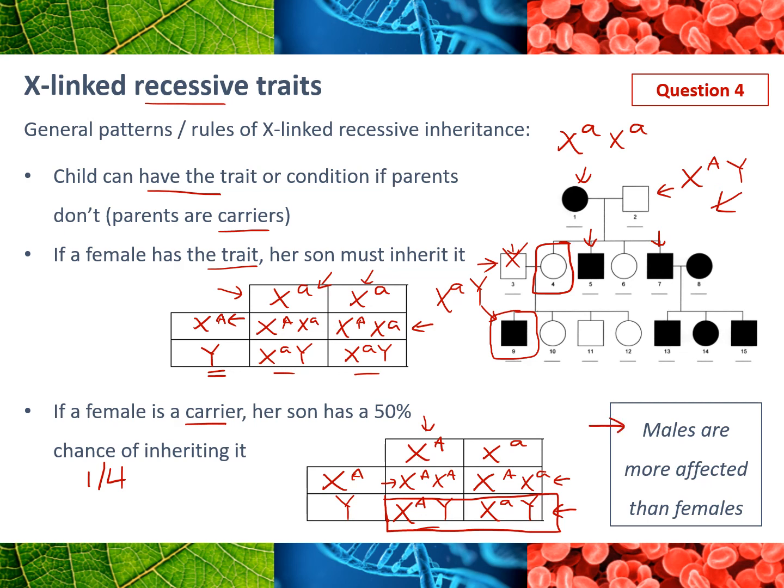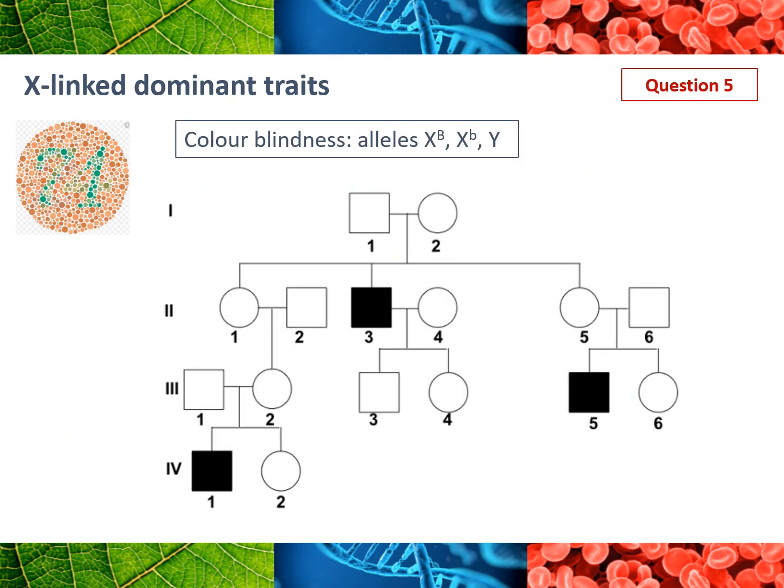Males, as I mentioned earlier on, are more affected by X-linked recessive traits than females because they only need one version of the recessive allele to have the trait. A really common example of this is red-green colorblindness.